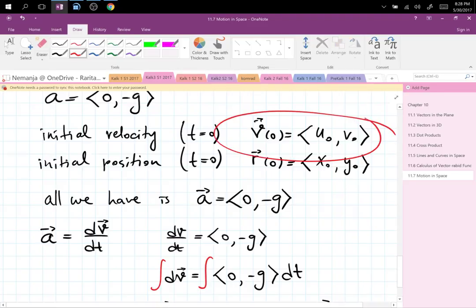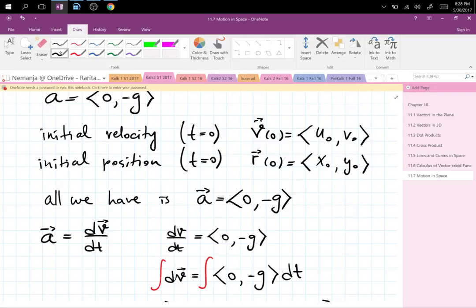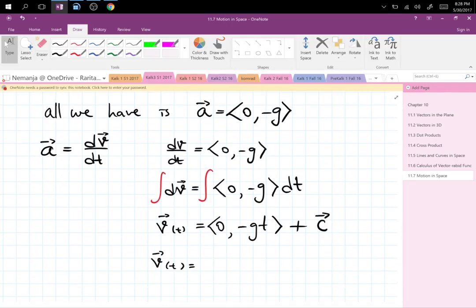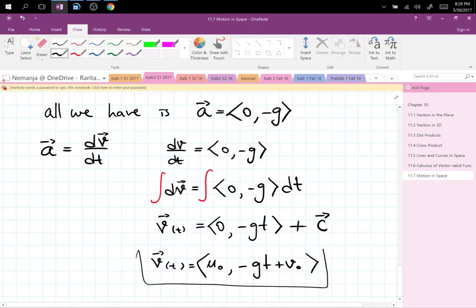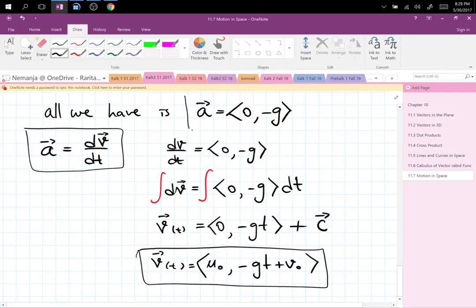It says this, that's the initial velocity up there. So we will have u0, minus gt plus v0. So this is the velocity equation. Starting with this acceleration. Actually, no, the acceleration is on top, right there.